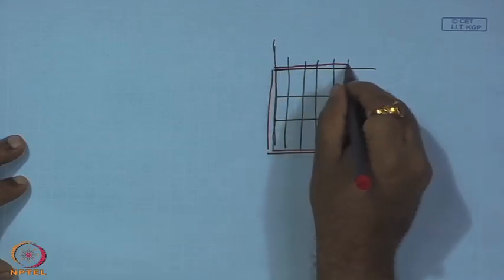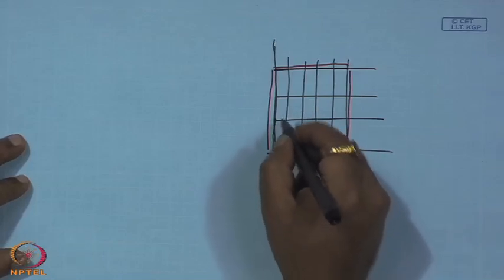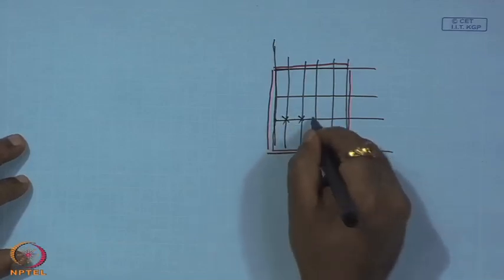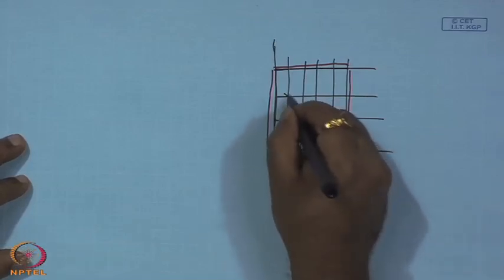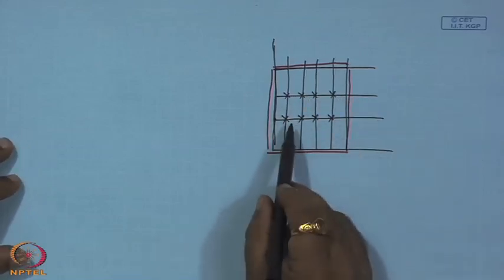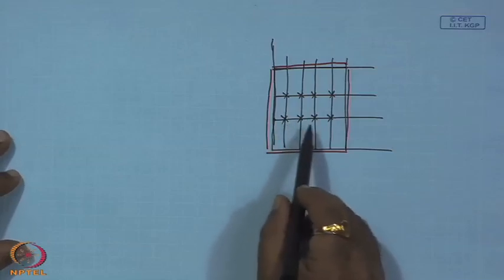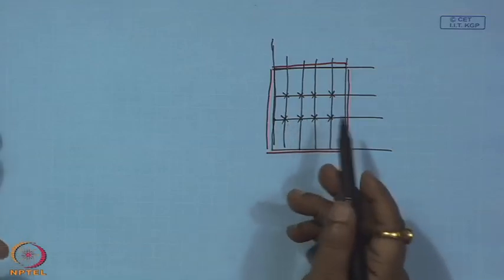Then these are the internal nodal points. Now we have to obtain the solution at these nodal points. So, how do we order them?